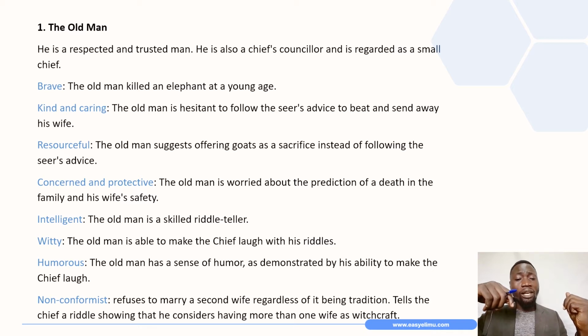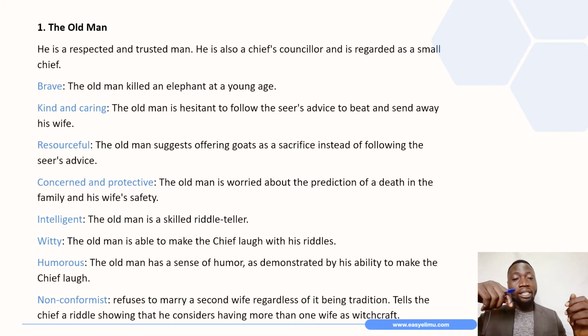He is also nonconformist. A nonconformist is someone who sticks to his own perspectives. In the story, he refuses to marry a second wife, regardless of it being a tradition. He tells the chief a riddle, showing that he considers having more than one wife as witchcraft. That is another beautiful character trait that we are able to see in the old man.